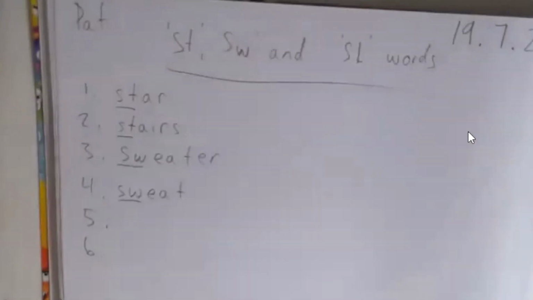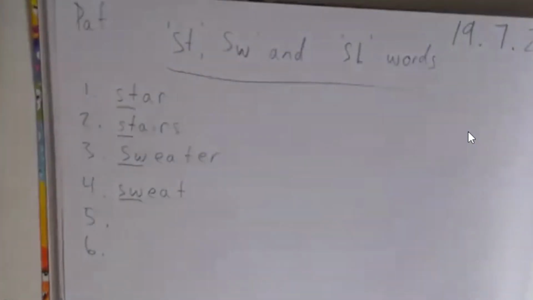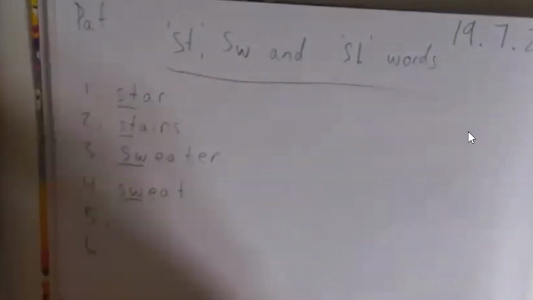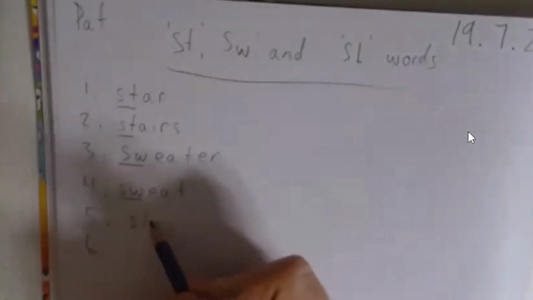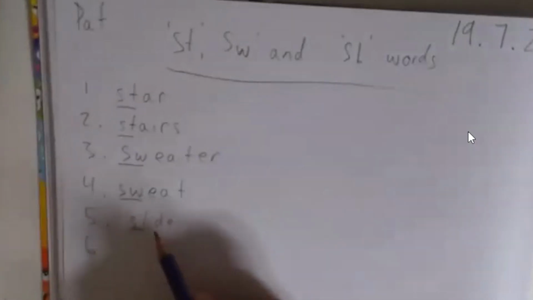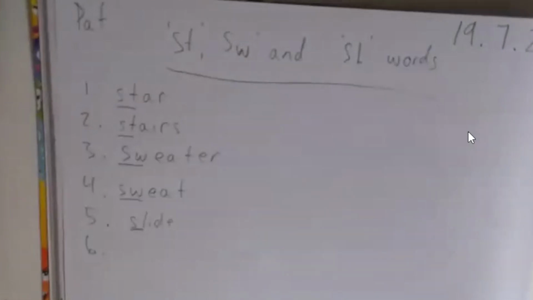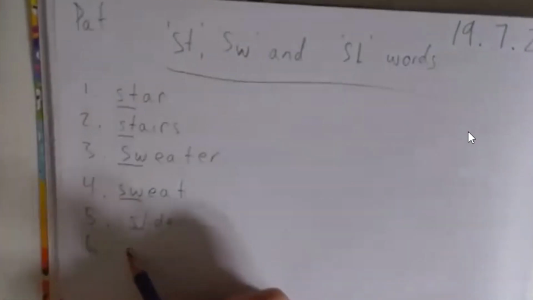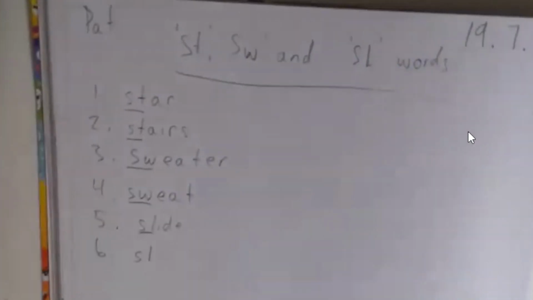Next, SL. If you go back and have a look at the writing matrix, you'll see a picture of something you go down, a slide. S-L-I-D-E. Slide. Let's think of one more SL word. Now, you might be running really quickly.